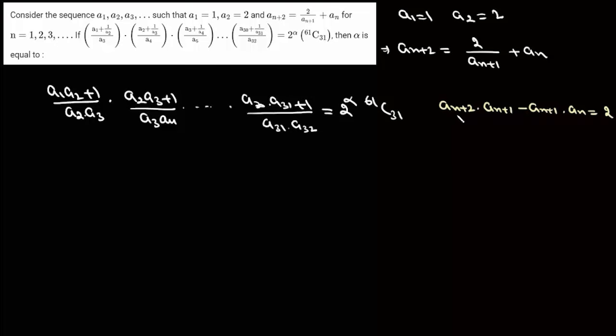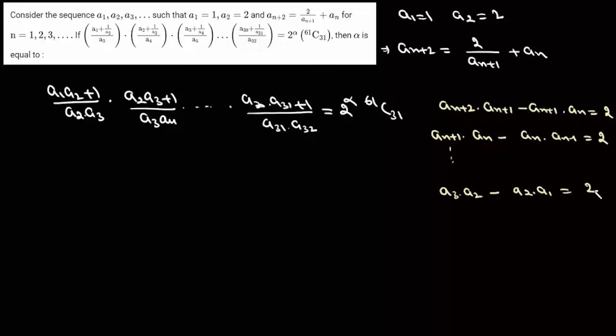Now here we'll replace n with n minus 1. So we can write a_{n+1} into a_n minus a_n into a_{n-1} will be equal to 2. And we'll continue. And in the end we'll have a3 a2 minus a2 a1, and it'll be equal to 2.